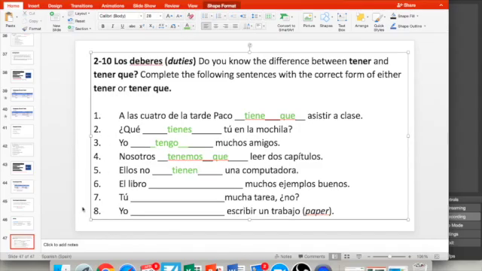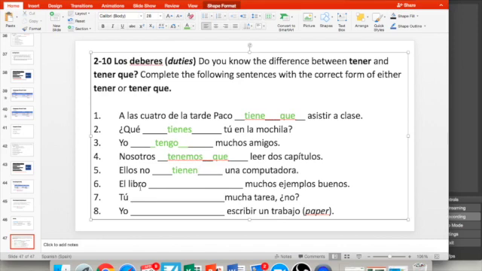Same thing with number 6. This one often tricks people up. El libro blank muchos ejemplos buenos. So the book has a lot of good examples, or the book has to a lot of good examples. In this case, we're just saying that the book has a lot of good examples, so we do not need a que. We can use just plain old tener. But this is where people get confused. Well, would the book be I, you, he, she, we, they, or you all? None of the above.